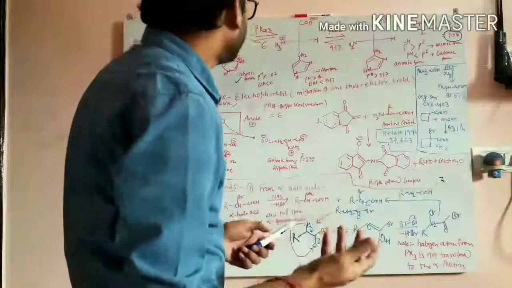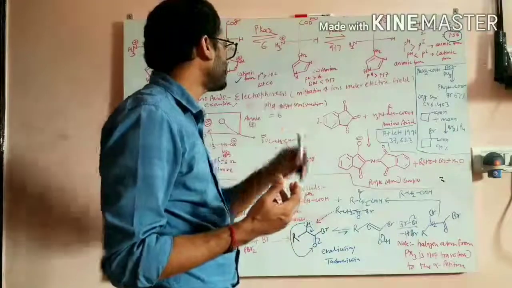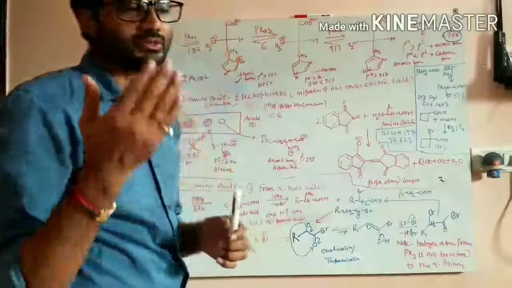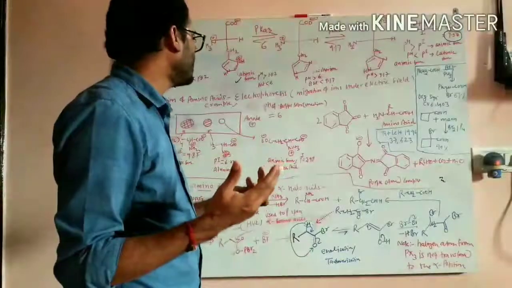Suppose I have taken a buffer here, with a pH of 6 for the medium. Buffered solution means a solution having a fixed pH. So I have taken that as an example.